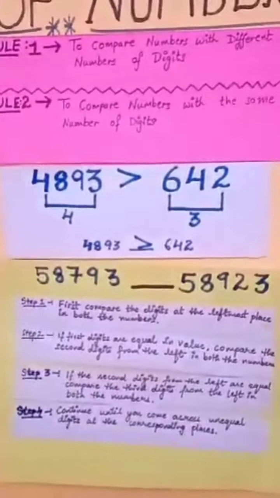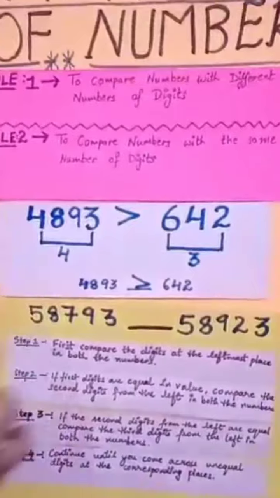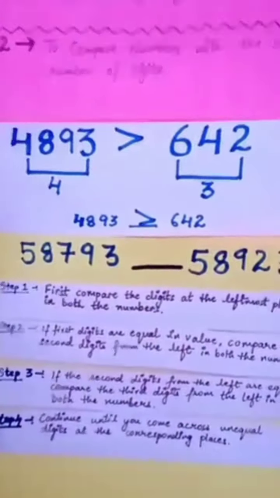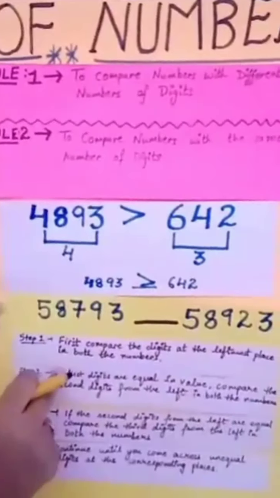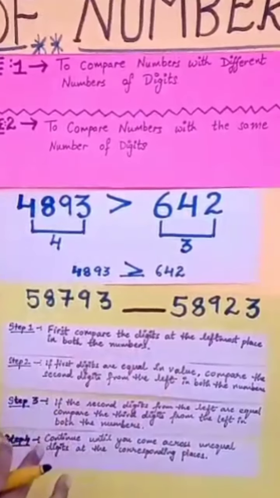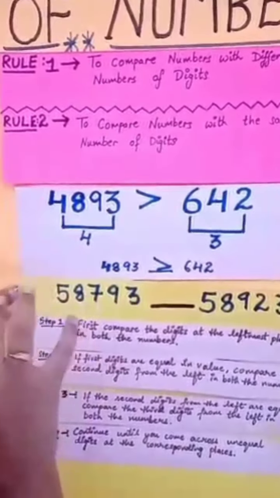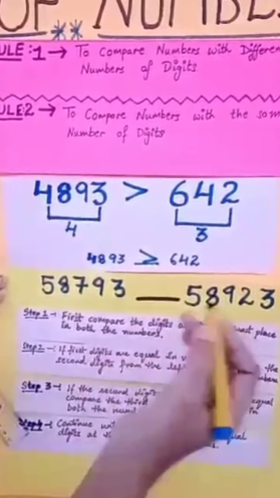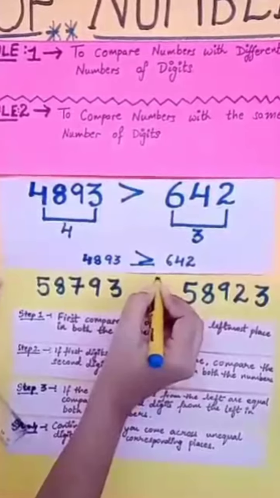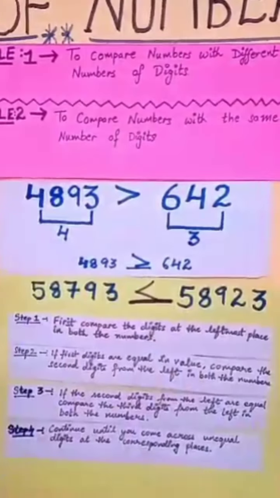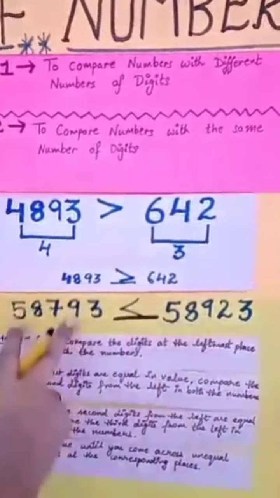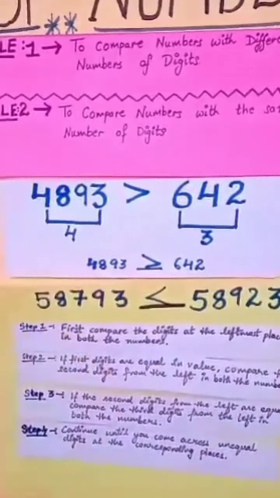Okay, so as per the example which we have taken, when we have to compare numbers with the same number of digits, we compare them digit by digit according to its place. So here, as we have compared, we got 58923 as greater than 58793, correct?